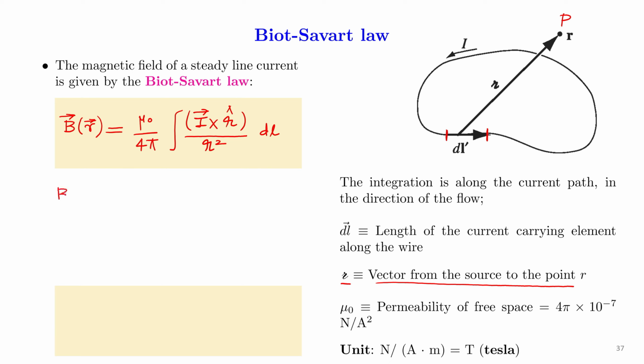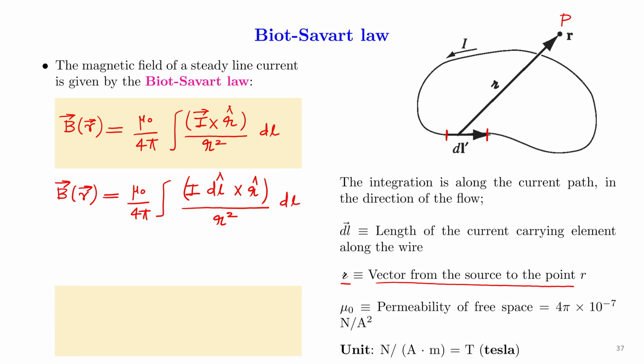The magnetic field B at r can be written as mu 0 over 4 pi, integral I dl cross r hat, because I is along the direction of dl, over script r square.